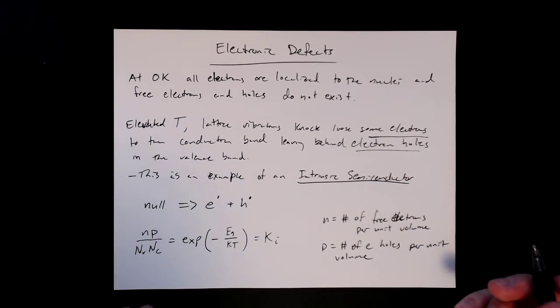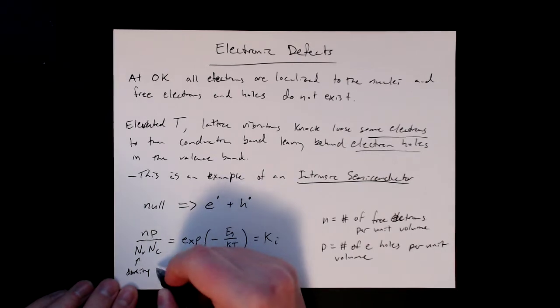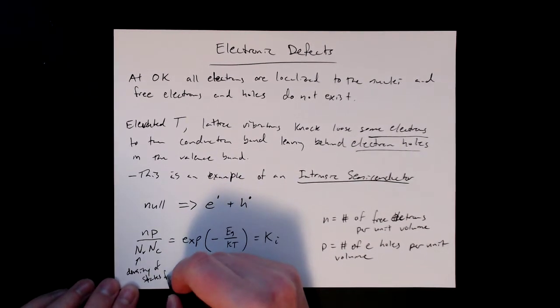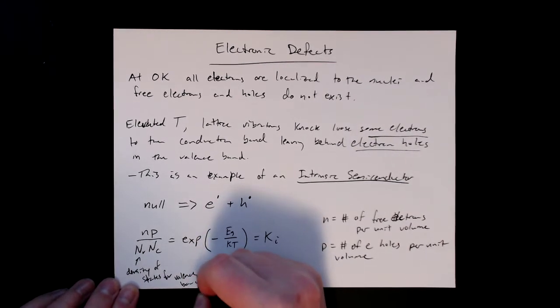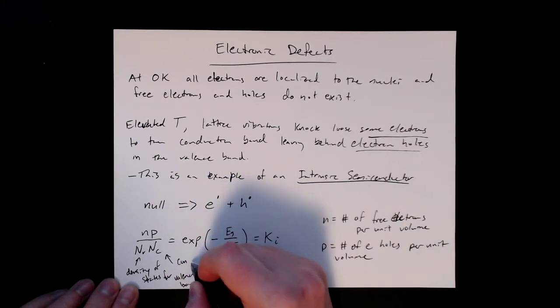And these are the density of states for the valence band, and the same thing for the conduction band.